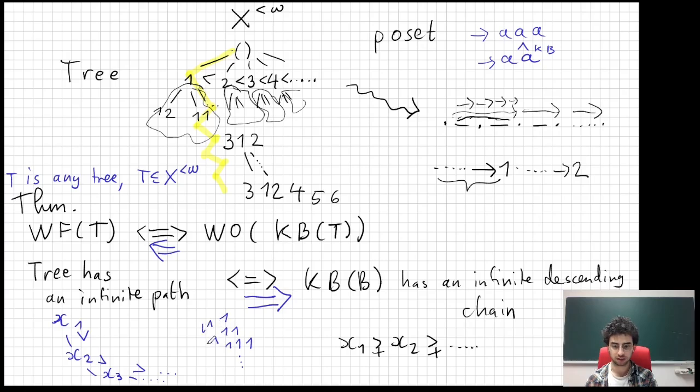So in L, this is an infinite growing chain. Well, that's a bit confusing because my ones look like the greater thans, but oh well. Whereas in the Kleene-Brouwer order, it's exactly flipped. So actually the Kleene-Brouwer order is sort of preserving the order of the tree right here.